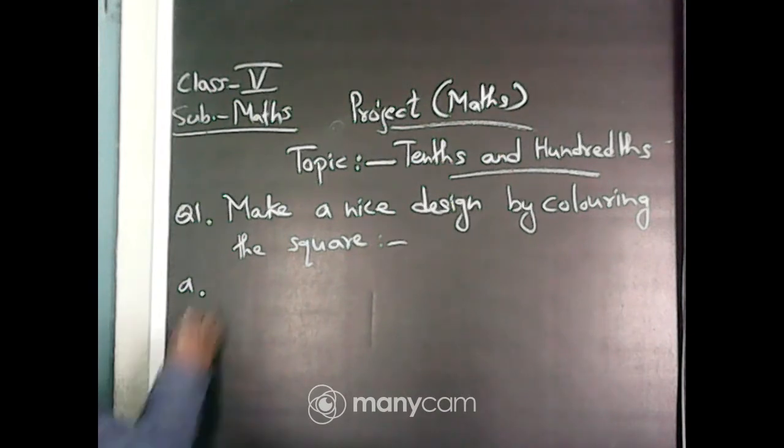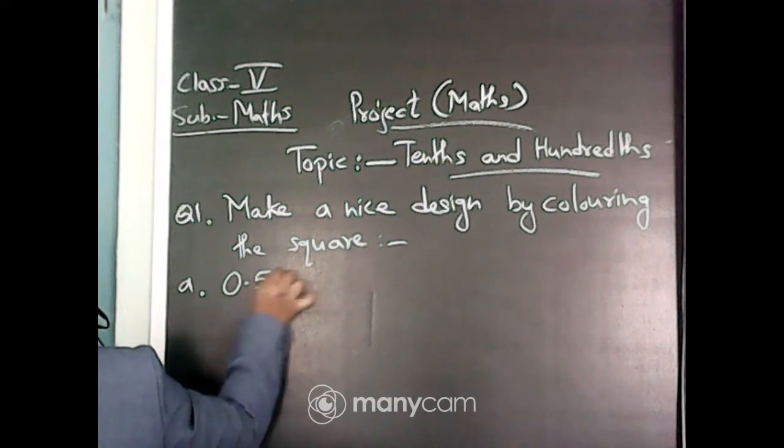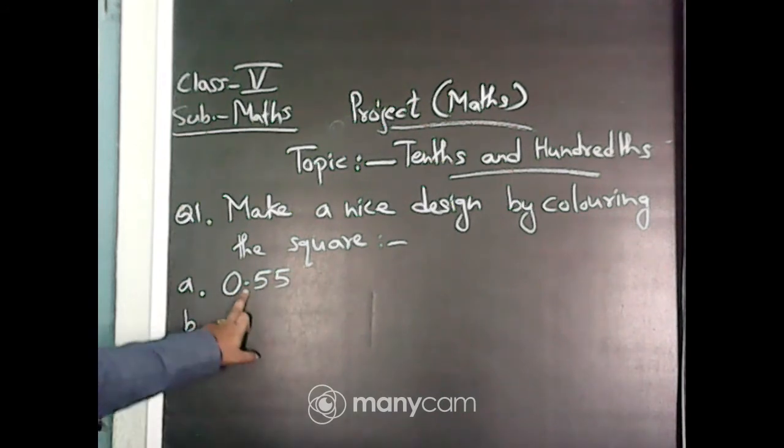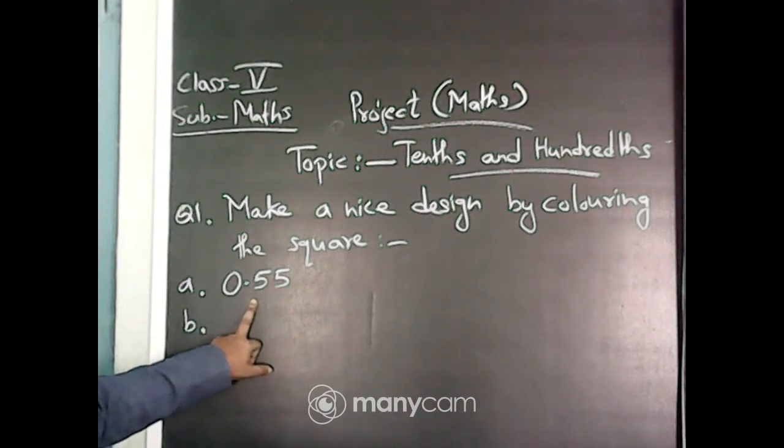How many will you color? The first option is 0.55. 0.55 means here after the point there are 2 digits. That means you have to draw 100 squares, and out of 100 squares only 55 you have to color.